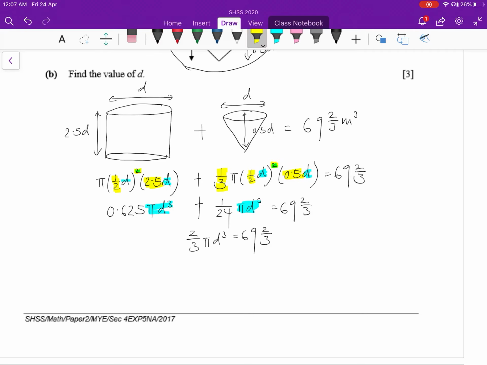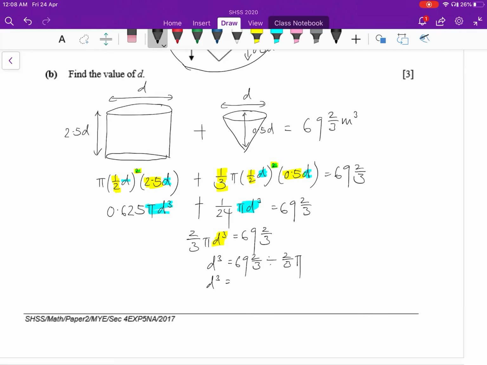Now I want d. So I must divide by 2/3 pi. So d cubed is 69 2/3 divided by 2/3 pi. That will give me d cubed. So I need to press my calculator: 69 2/3 divided by 2/3 pi.